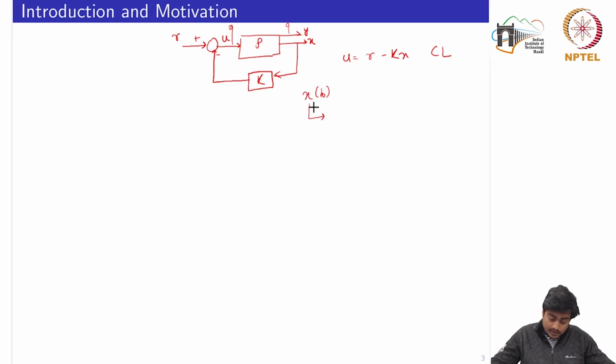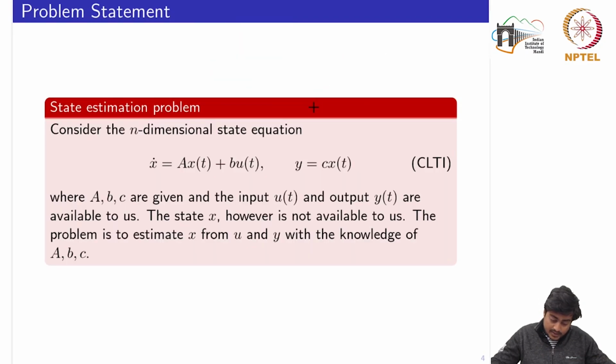So if we go to the precise problem statement, we consider the n-dimensional state equation where X is an n-dimensional vector and U and Y are scalar, meaning it's a single input single output system.